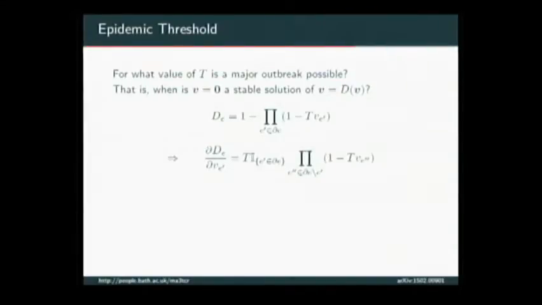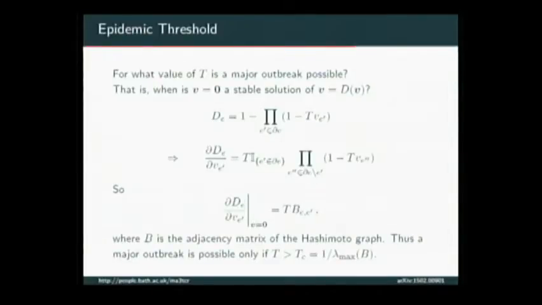Okay, so I write it down, and then I do the standard thing: linear stability analysis. I differentiate with respect to one of the variables and then evaluate that at 0. And I find that the Jacobian at the point 0 in this system is just t times the adjacency matrix of this Hashimoto graph that I told you about. So the top eigenvalue in particular encodes the epidemic threshold for this network.